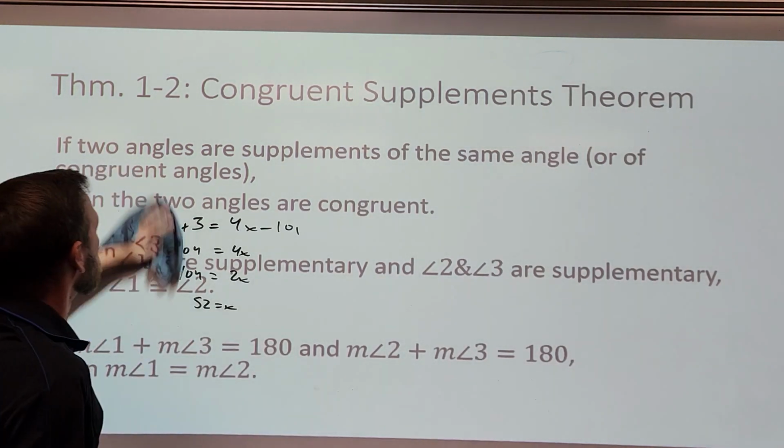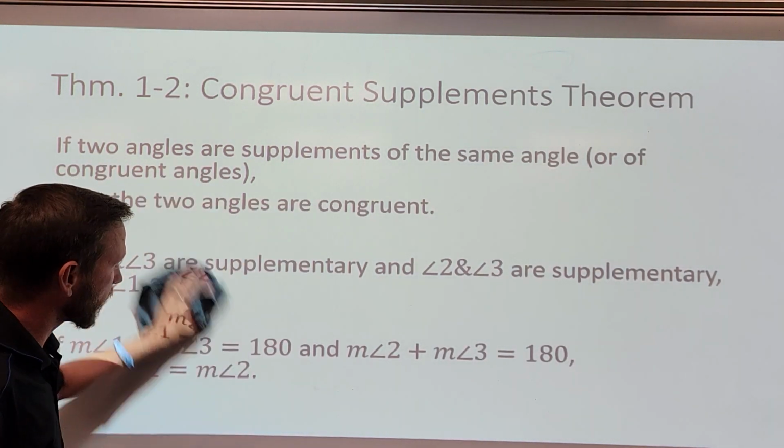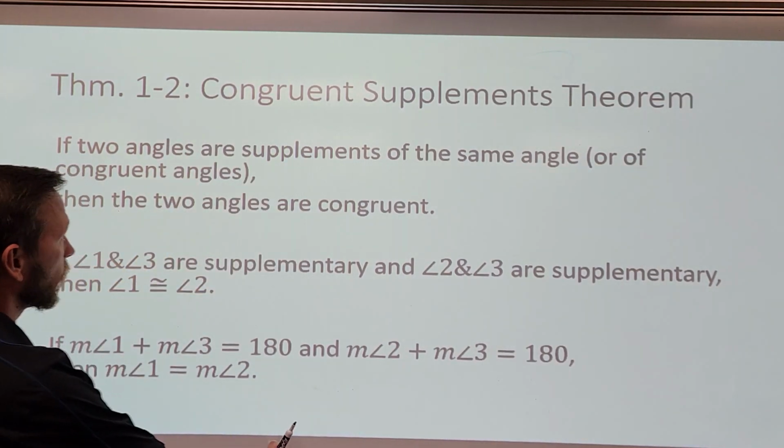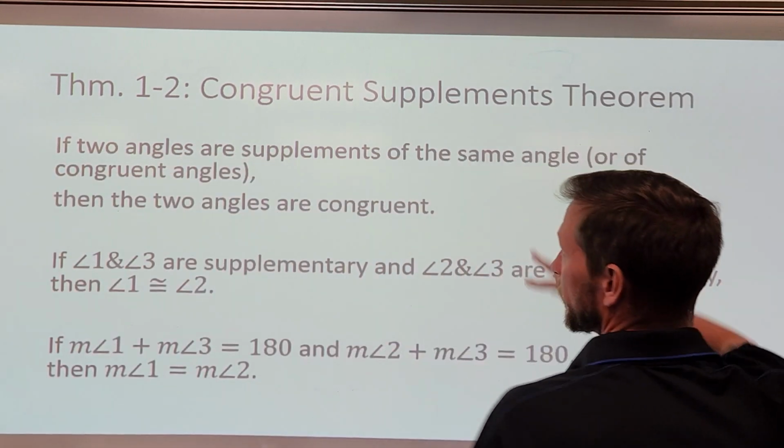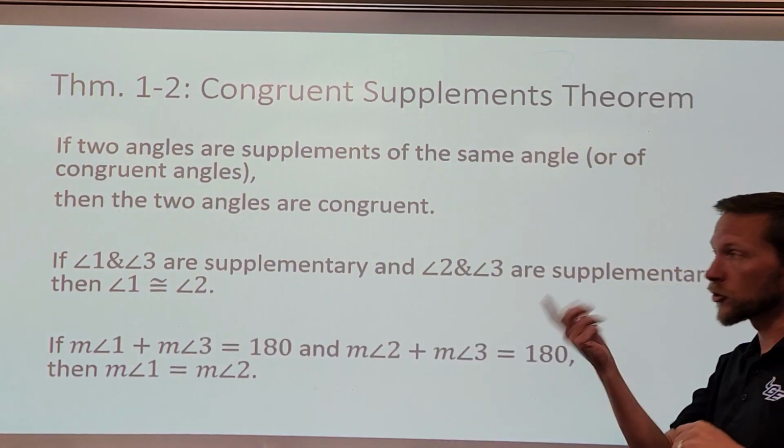The congruent supplements theorem. Angles that are supplements of the same angle are congruent to each other. Or angles that are congruent to each other would be supplements of the same angles. All right, so this and its converse are both true.